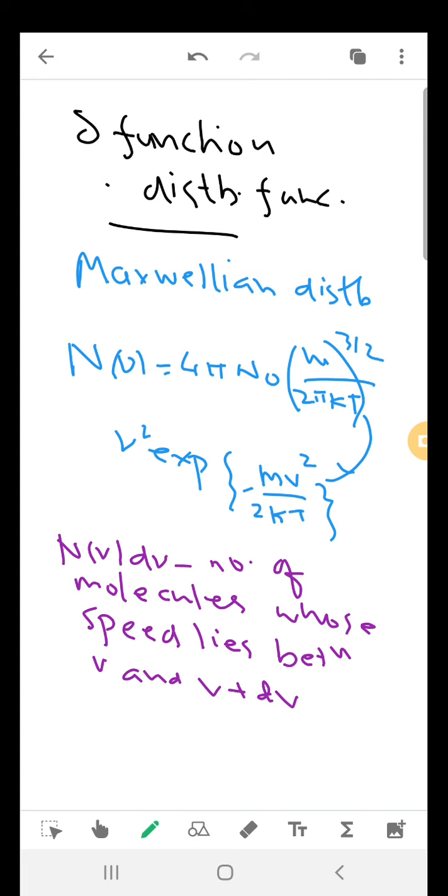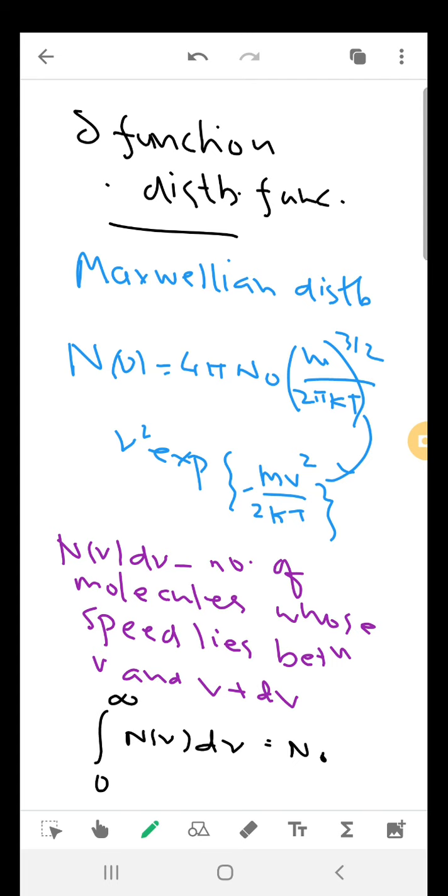So the total number of molecules will be just the integration from 0 to infinity n nu d nu, and we get this value to be equal to say n naught.